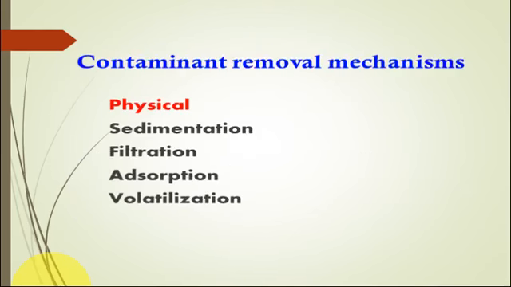Contaminant removal mechanisms are generally of three types: physical, chemical, and biological. In the physical mechanism, sedimentation is one process, whereas others are filtration, adsorption, and volatilization. Sedimentation is something we use in our homes: when you get water from contaminated sites and keep it aside for some time, all the large particles get sedimented at the bottom of the pot.